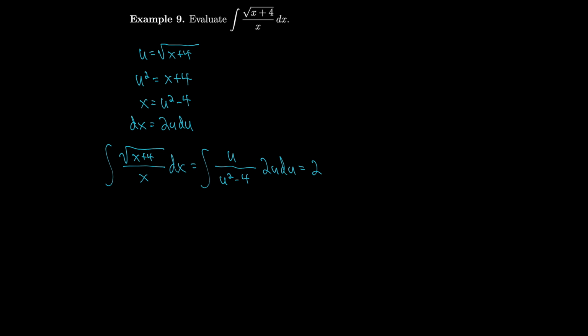So that's just 2 times the integral of u squared over u squared minus 4, which is 2 times the integral of 1 plus 4 over u squared minus 4 du.